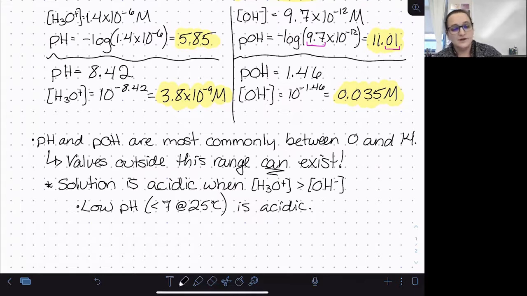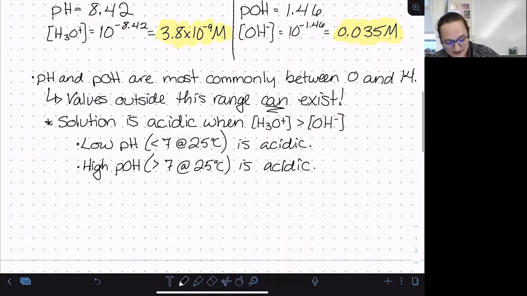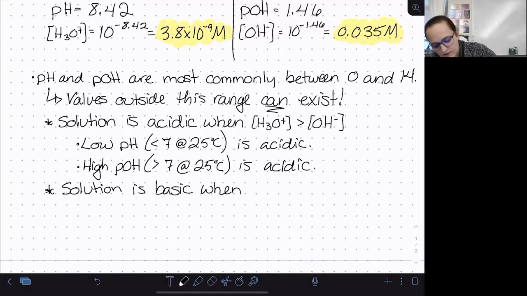For pOH, it's the opposite. So a high pOH, greater than 7 at 25 degrees Celsius, is acidic. A solution is considered basic when the hydronium concentration is less than the hydroxide concentration.